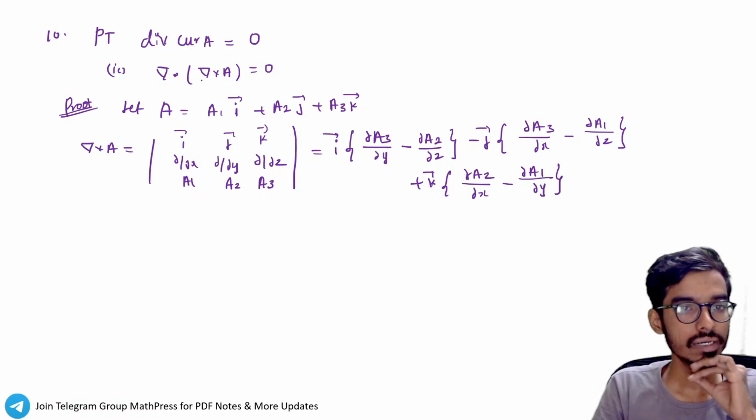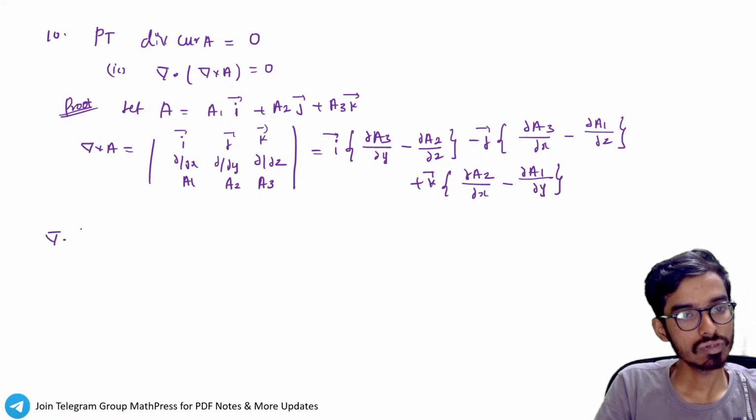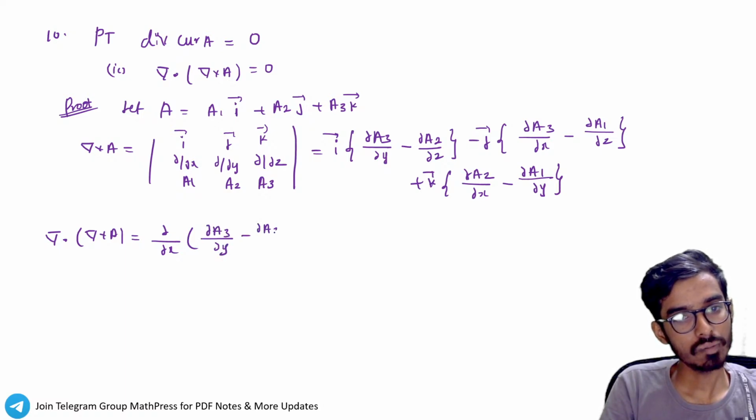Now what about del dot (del cross A)? You just have to differentiate, right? So you just have to make a dot product with this. So del is ∂/∂x of i vector dot this. So we'll be having ∂/∂x of (∂A3/∂y minus ∂A2/∂z) minus ∂/∂y of (∂A3/∂x minus ∂A1/∂z) plus ∂/∂z of (∂A2/∂x minus ∂A1/∂y).